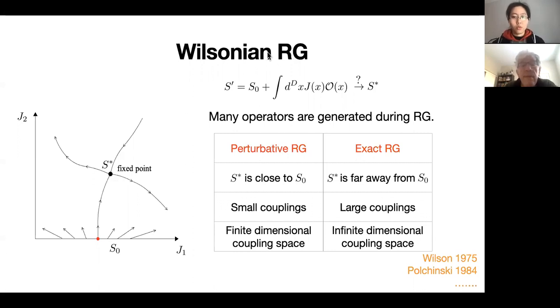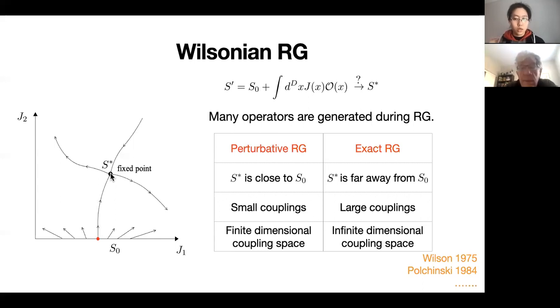The Wilsonian RG provides us a prescription to study this change. As we integrate out the high energy modes and also do a scaling transformation for the space-time and the fields, we can reach the new theory.